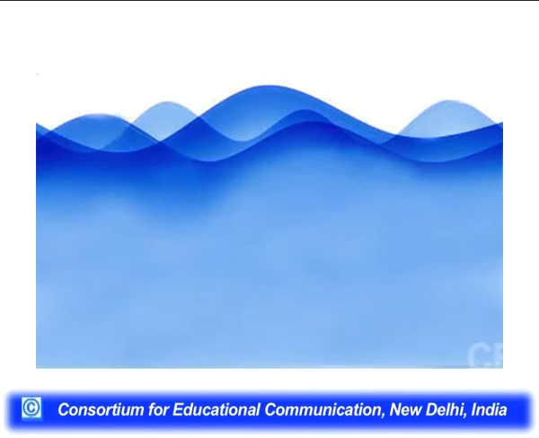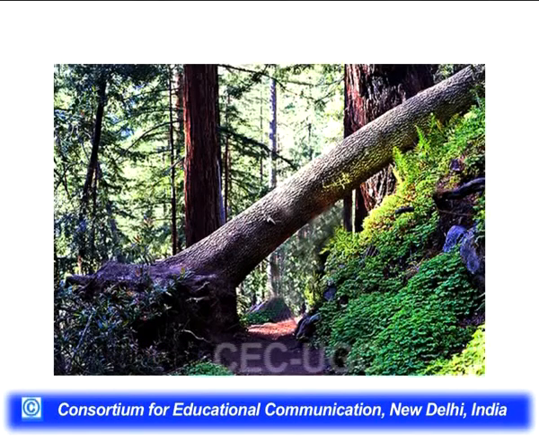But these waves cannot be felt by straight lines or pause lines. See the stem of the tree. When it is standing firmly, it is strength, but the same tree, when it is slightly falling down, you will find that it is losing its strength. That means if a line is straight, then it is a strong line, and when it is slanted, then it is losing its strength. So this aspect also can be applied in a design.